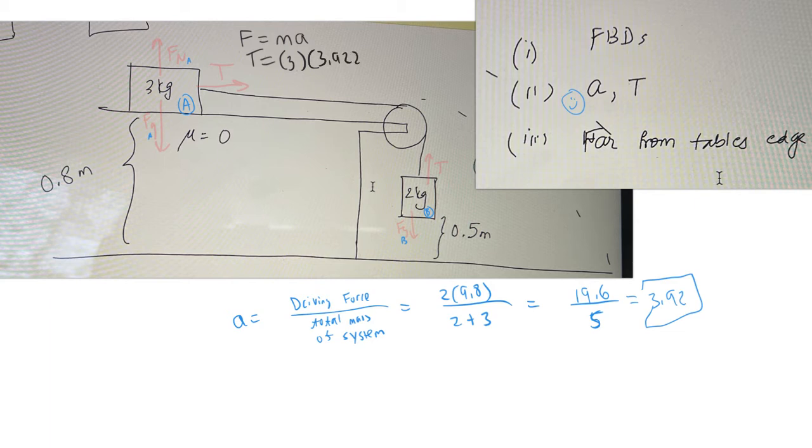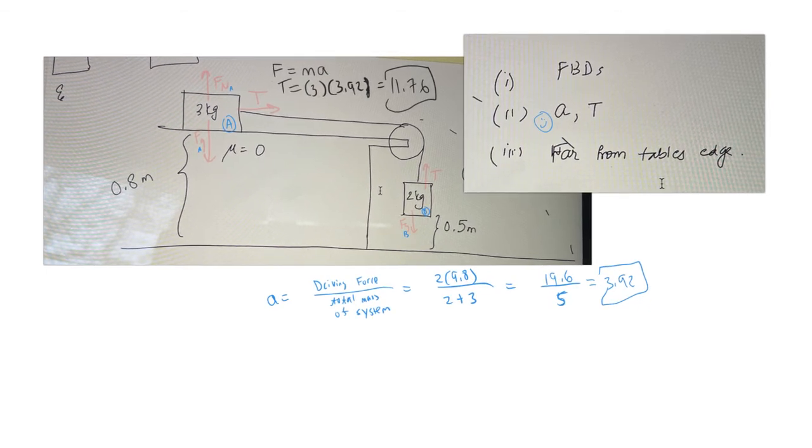So that should work, pretty sure. And 3 times 3.92 is 11.76. All right, so that should be the tension. Now, the tension here has to be the same as the tension here, because it's the same rope experiencing the same tension.